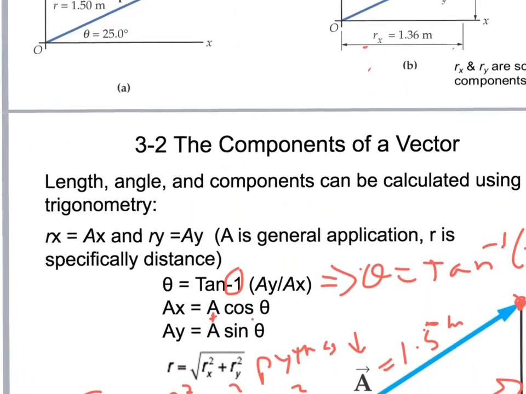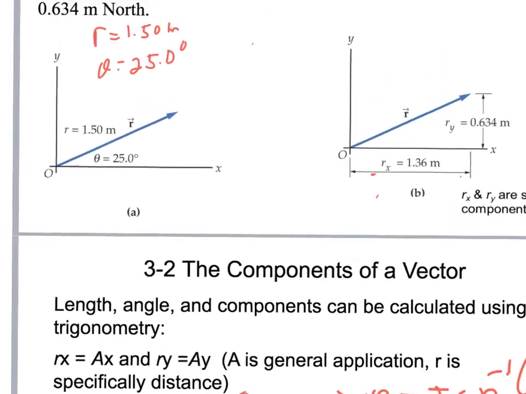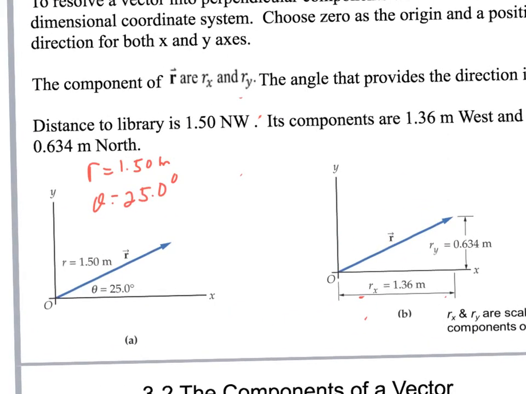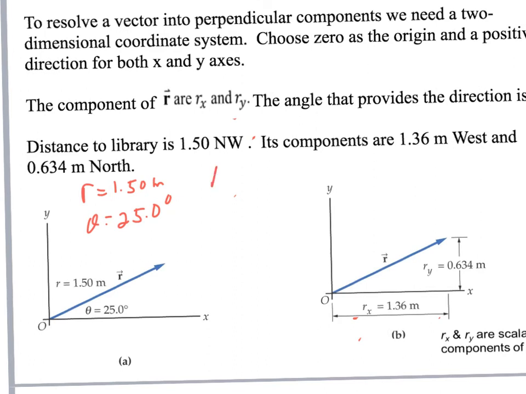So our trigonometry: a sub x is a cosine theta, and a sub y is a sine theta.